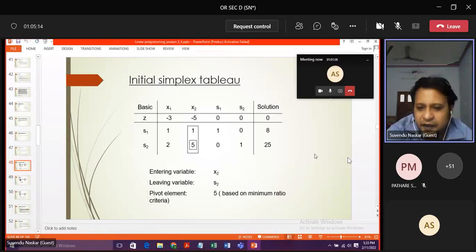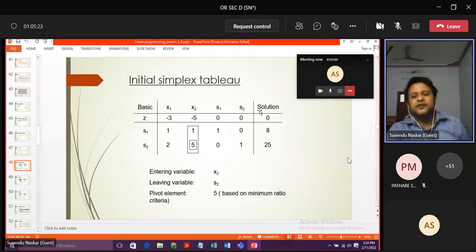Identify your entering variable x2 by finding which has the highest coefficient in the top row, or intuitively which has the highest impact on your objective. Then among those activities find which resource the activities are influencing maximum, which you can do by the minimum ratio criteria, and then use that cell as your pivot cell or pivot element.